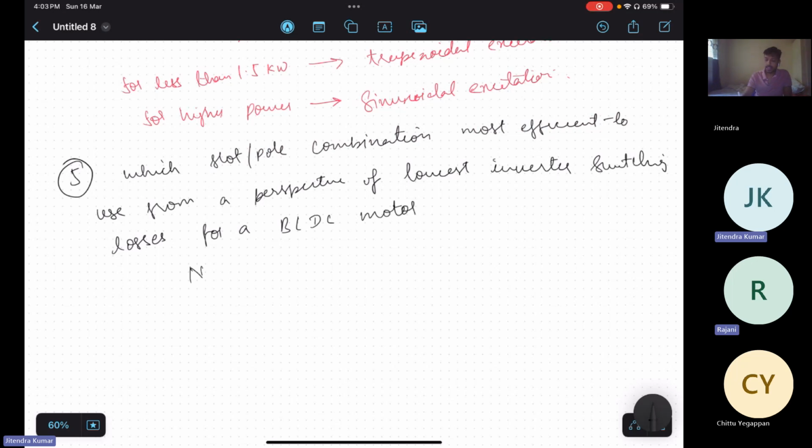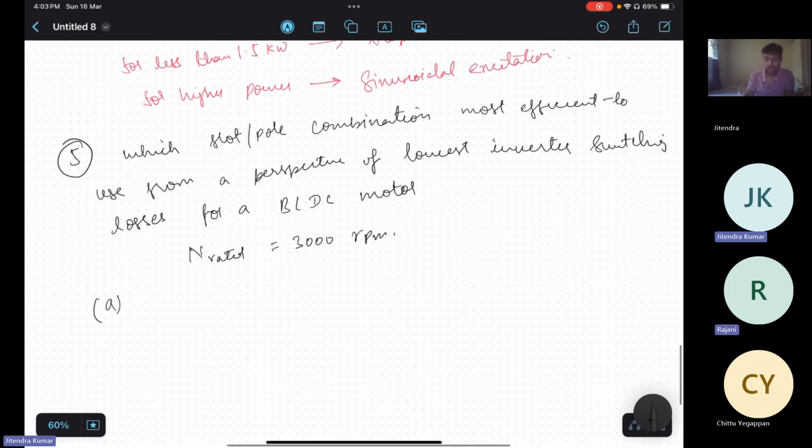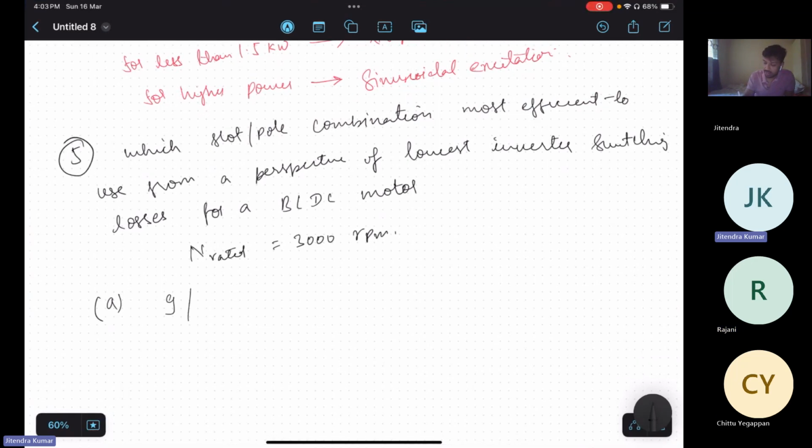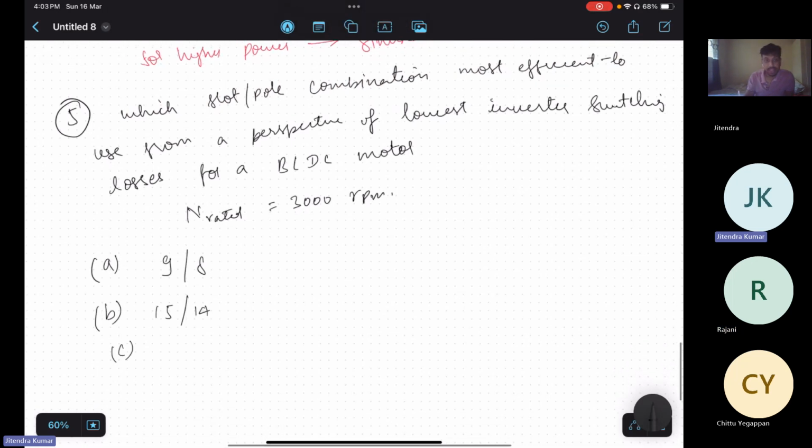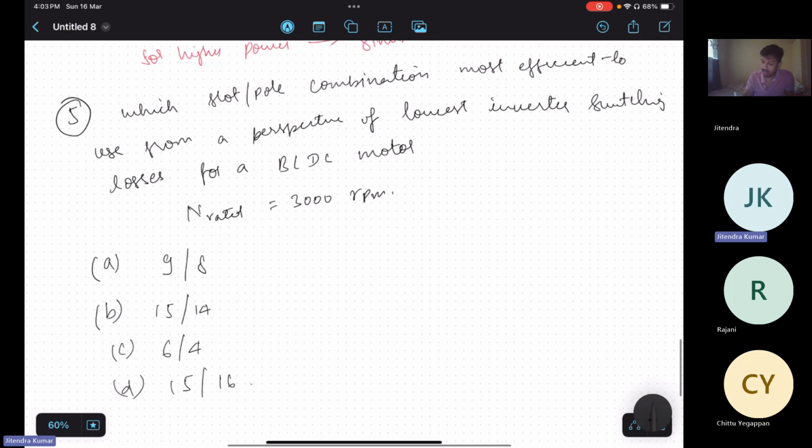Its rated speed is 3000 RPM. Options are A is 9 by 8, B is 15 by 14, C is 6 by 4, D is 15 by 16. It is written in terms of slots per pole.